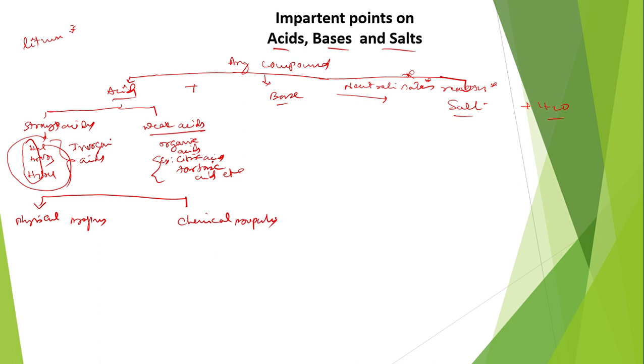Now we have to discuss the properties. Acids turn blue litmus to red. They may ask questions on this.